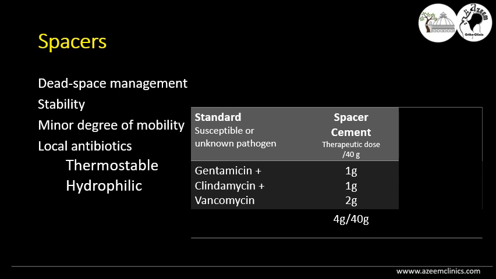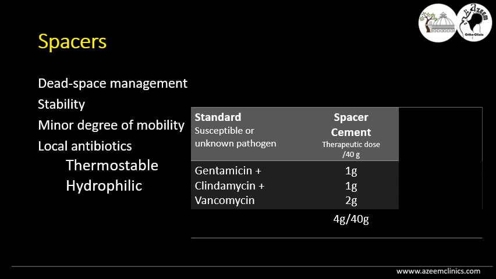The most important advantage of using a spacer is providing a local antibiotics source inside the joint. Antibiotics loaded on the cement should be thermostable, so as not to be damaged during the cement setting. They should be water-soluble or hydrophilic, to provide the highest concentration possible inside the joint.